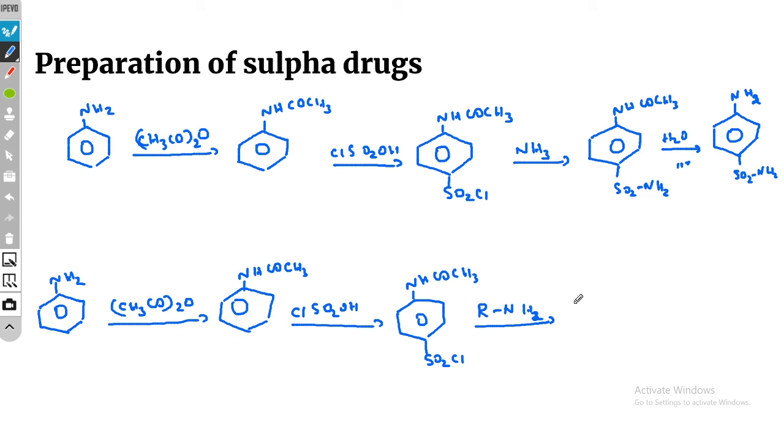What happens is that the NHR group is attached here. We have NHCOCH3 here and SO2NHR here. Then finally it is hydrolyzed to give our sulfur drug.